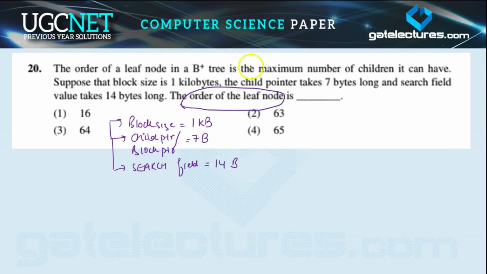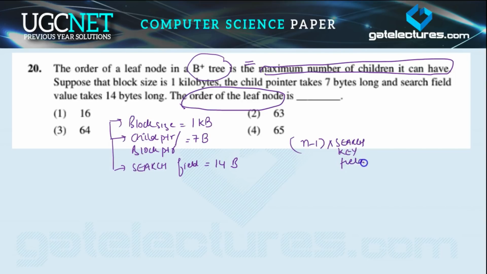The order of a leaf node in a B plus tree, they define, is the maximum number of children it can have, right? Now they are talking about the B plus tree, where you know that all the record pointers are present in the leaf node. So the formula is (n minus 1) times the search key field plus n times the block pointers, or child pointers, should be less than or equal to the block size, right?